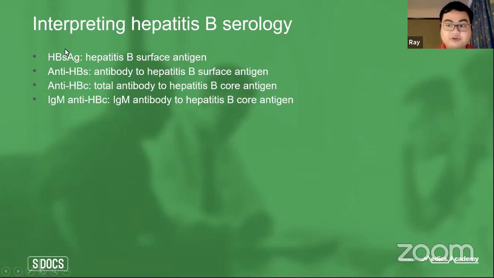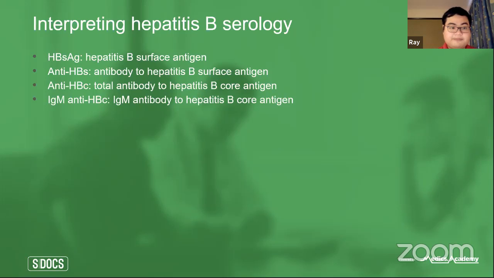If you remember from last part, the hepatitis B virus consists of a surface antigen and a core antigen. And in the serology, we will look at that as well. First of all, we have HBsAg, which is the hepatitis B surface antigen, okay? If you have the surface antigen of the virus, it means you're acutely infected or chronically infected, which is straightforward.